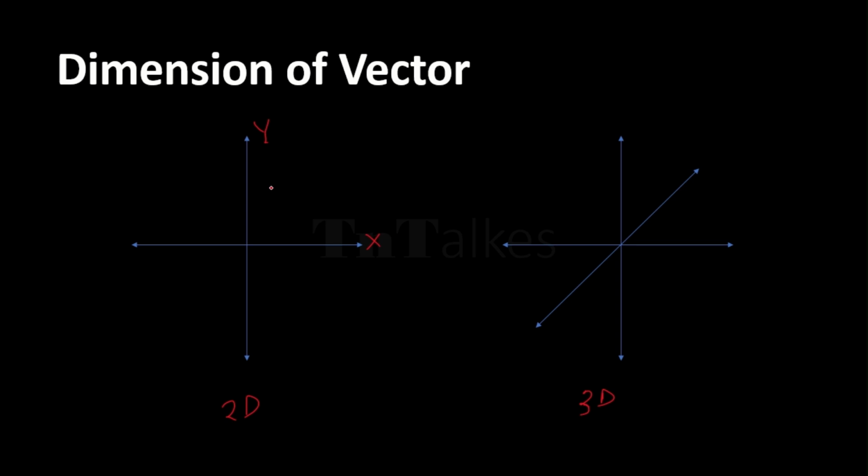These x-axis and y-axis are often called planes. So the 2D has two planes. On the other hand, 3D vector has three planes: x-axis, y-axis, and z-axis.